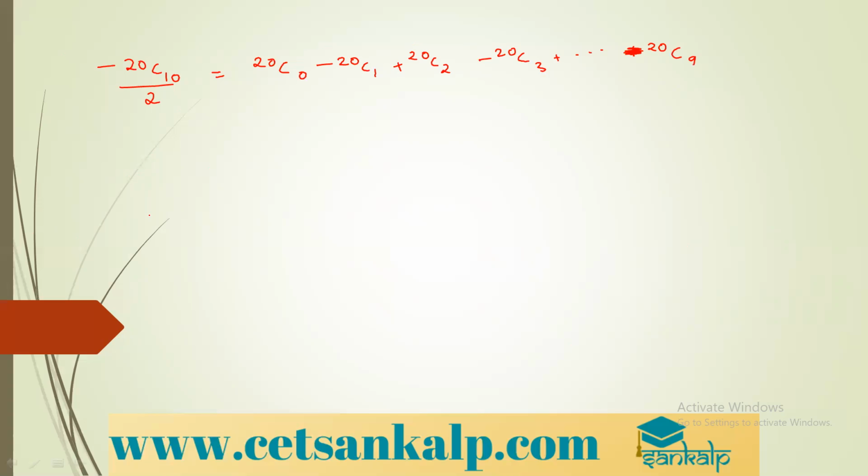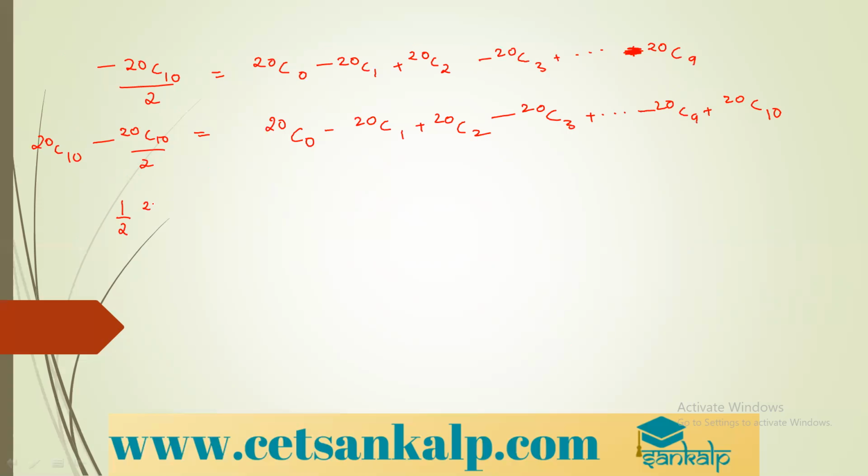But in the question, they are asking you the value of 20C0 minus 20C1 plus 20C2 minus 20C3, so on, minus 20C9 plus 20C10 also is there. So on both sides you add 20C10. That means you will have here half 20C10. That is the value of the given expression, which we are getting on the left side.